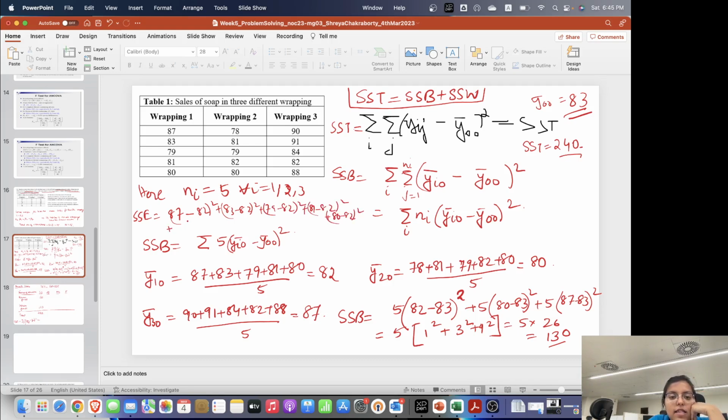Then again plus, when we are considering the next group, we will subtract from its group mean 80: 78 minus 80 whole square, 81 minus 80 whole square, and so on and so forth. Okay, you understood? If we have to calculate it raw, then we just subtract each of the observations in each group from their group mean and then square it up.